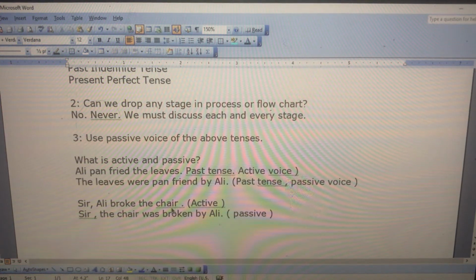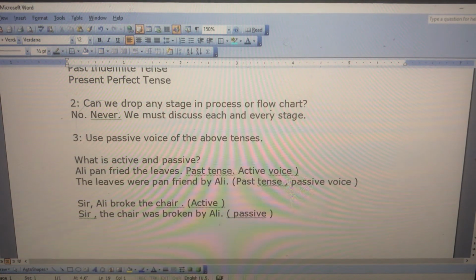So you should understand what is passive. When passive came into English, there was all around active. What is the purpose of passive? What is the benefit of passive? Let me tell you.